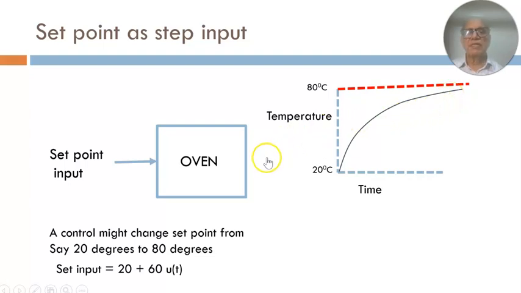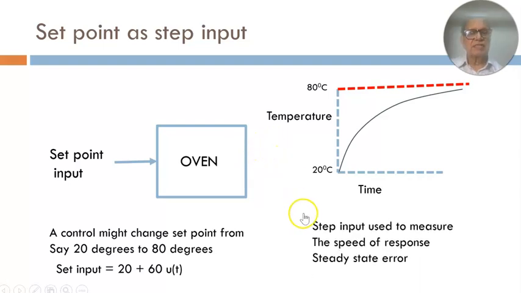So this not only tells you an alternative way in which the step input can be generated, but it also tells you something about how the step input is used. So in this case, you can see that the step input is used to measure the speed of response. If you have an oven with a higher speed of response, the curve will be sharper like this. And if it has a lower speed of response, it will be like this.